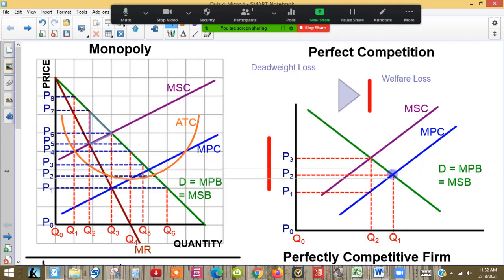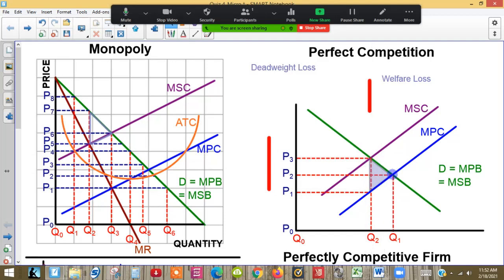Before the tax, there was a welfare loss, because the negative externality created a cost to society, a loss of welfare to the society as a whole, that is equal to this triangle right here.